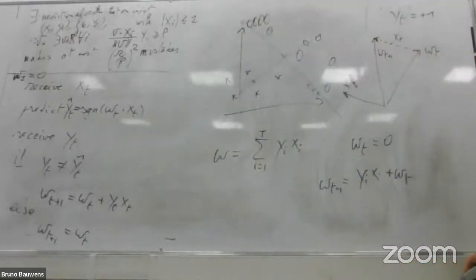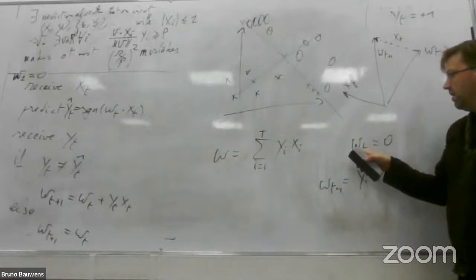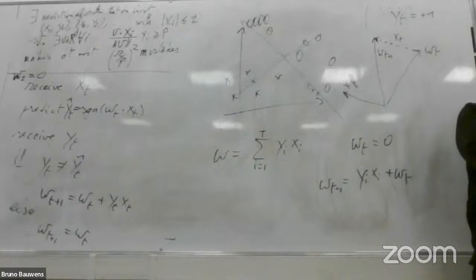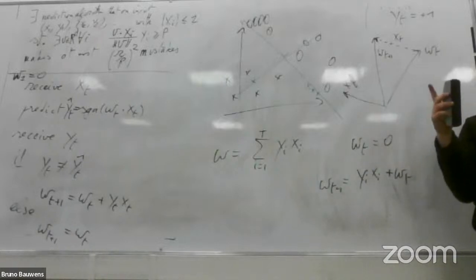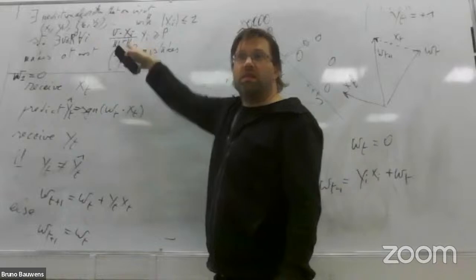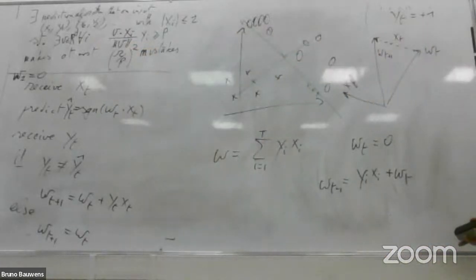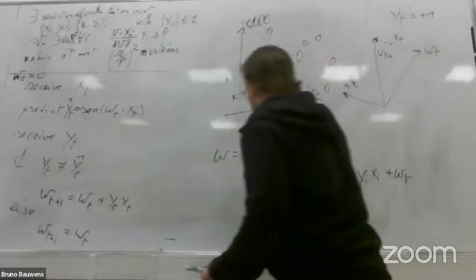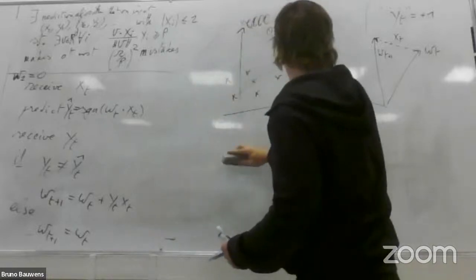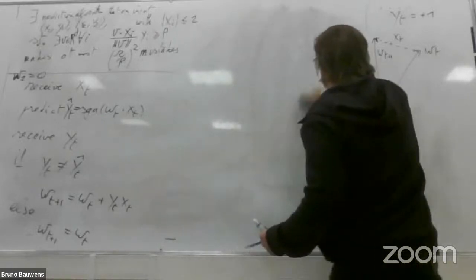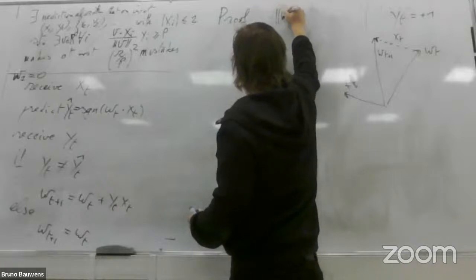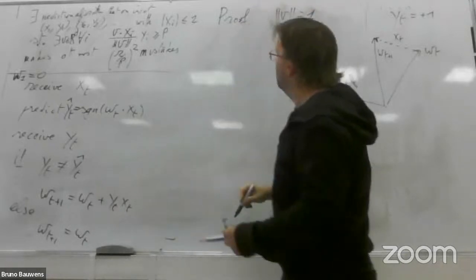The idea is that we will prove that Wt is rotating towards V, so we will look at the projection of Wt on V. We can rescale V as we like, so let's use a unit vector for V, with norm of V equal to 1.